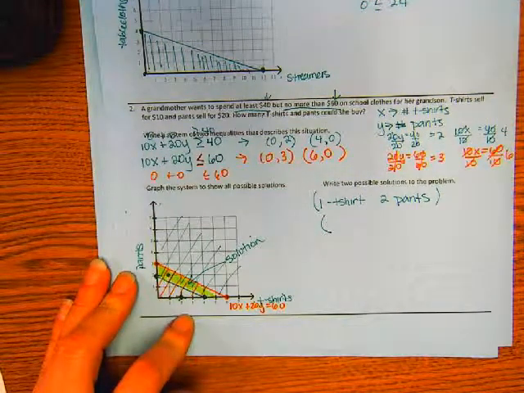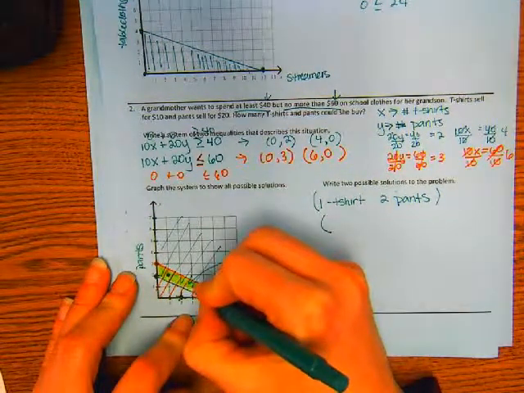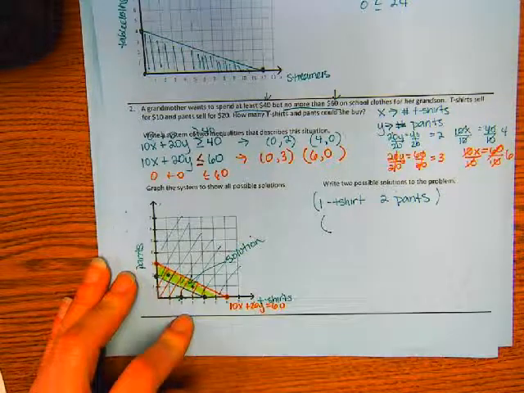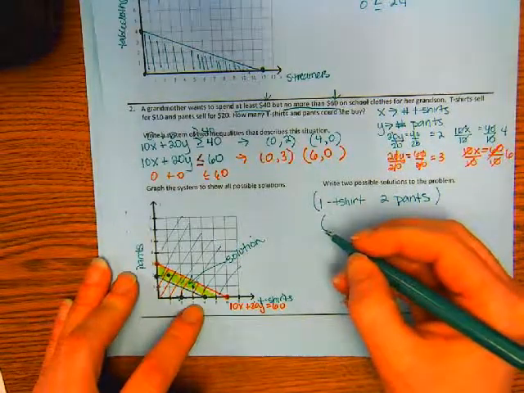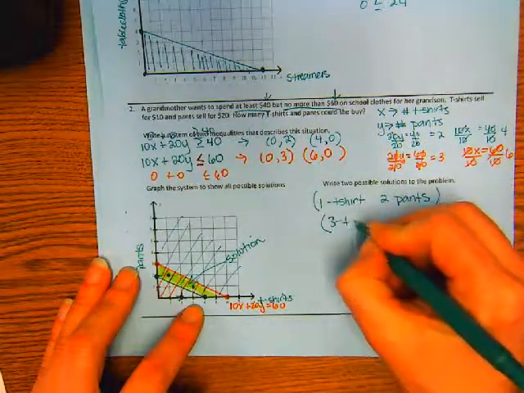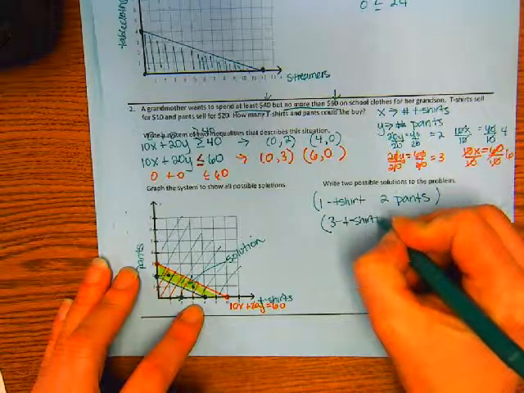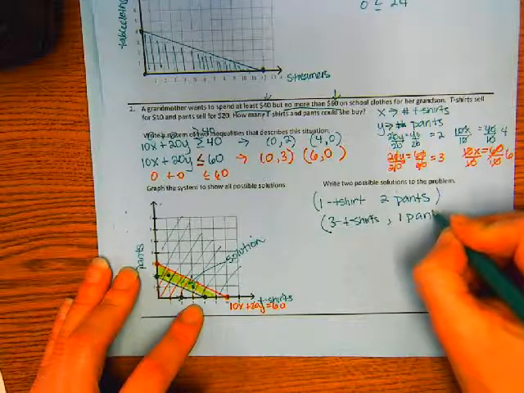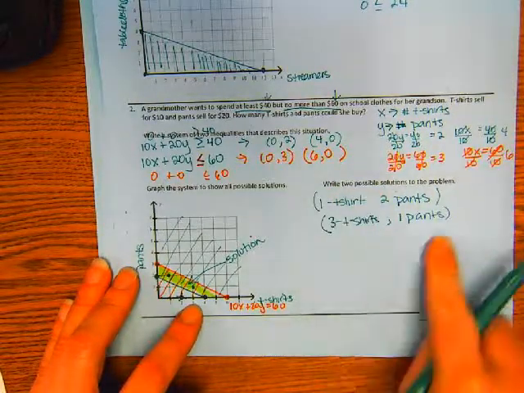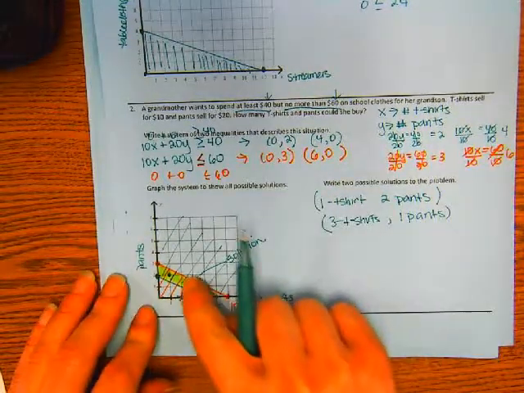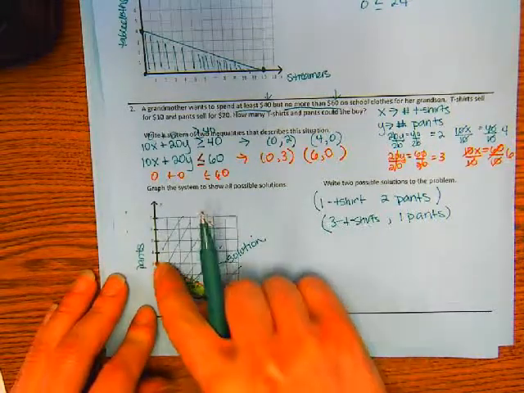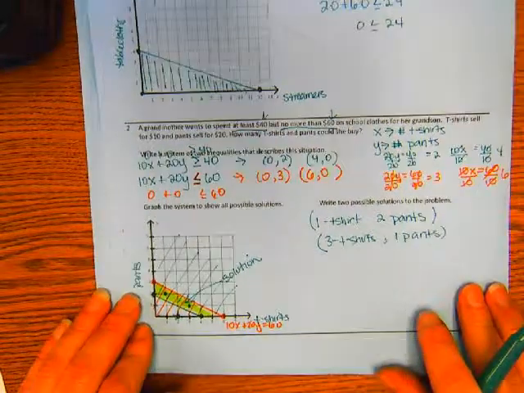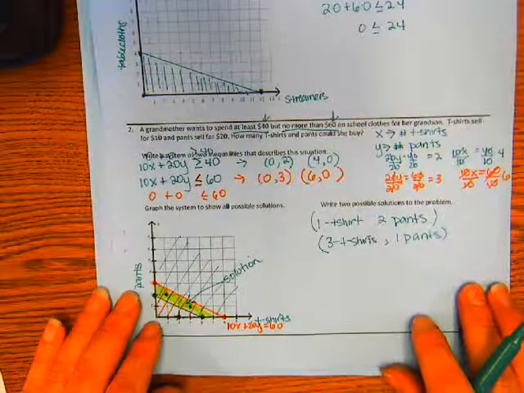Or I could pick maybe this one. That would be 3 t-shirts, 1 pair of pants. However, those are just 2 possible solutions. Anything that is in this area that I shaded or highlighted where the shadings overlap would be a solution to that system.